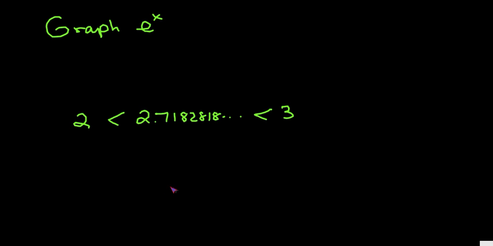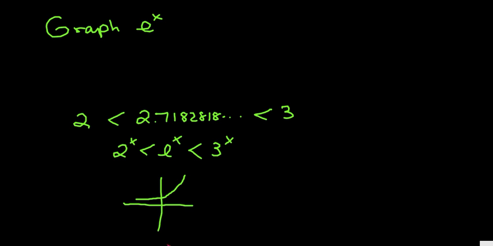So if we were asked to graph this value raised to the x power, it should make sense that 2 to the x should give smaller values, and 3 to the x should give me bigger values. Now one thing that we remember from when we did some of that graphing before, and this is going to be a real crude sketch really fast, is that if we did 2 to the x and got that, then when we went to 3 to the x, remember it ended up getting a little bit steeper, 4 to the x got a little bit steeper, and so on.